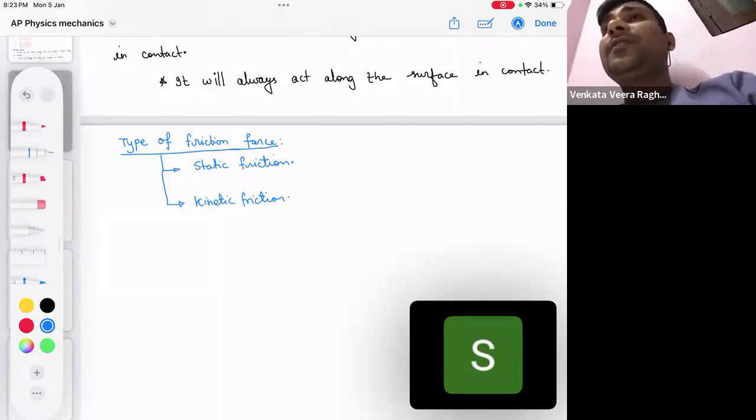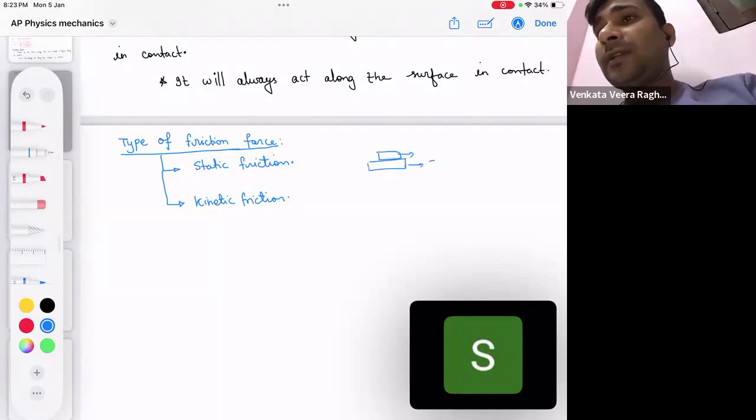Sometimes we have a confusion about static friction. They will give that one object is moving with 5 meter per second and the lower object is also moving with 5 meter per second. Can you tell me what kind of friction will be acting between them? Static or kinetic?